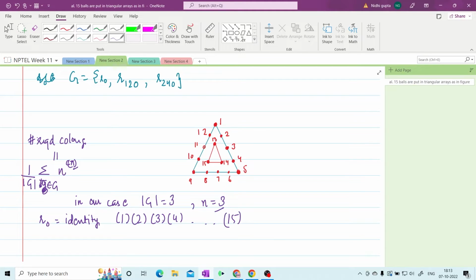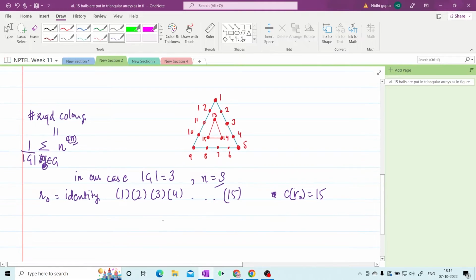So R0 is the identity transformation, and the number of disjoint cycles in R0 is 15.